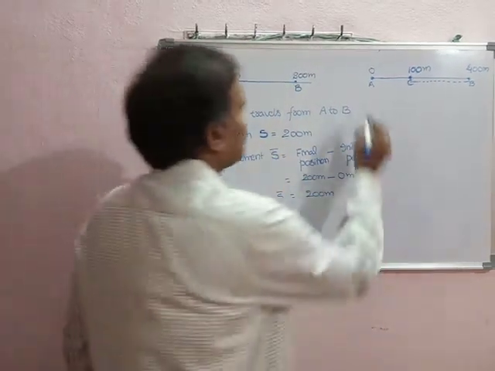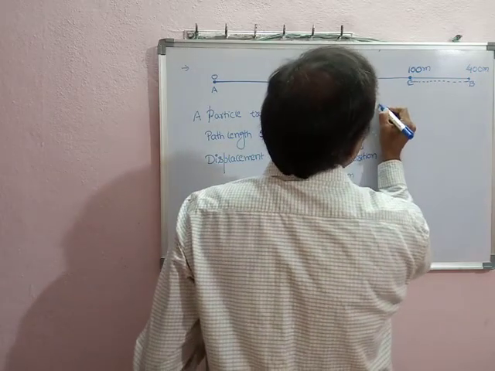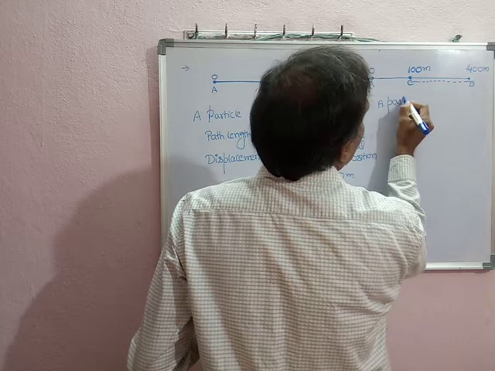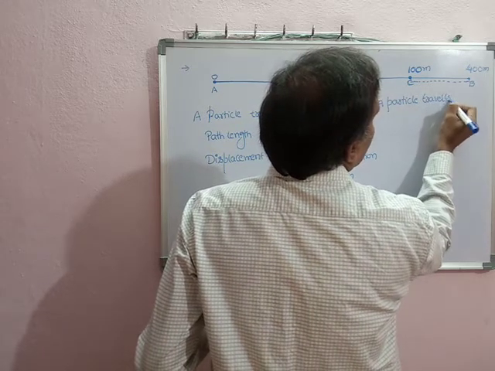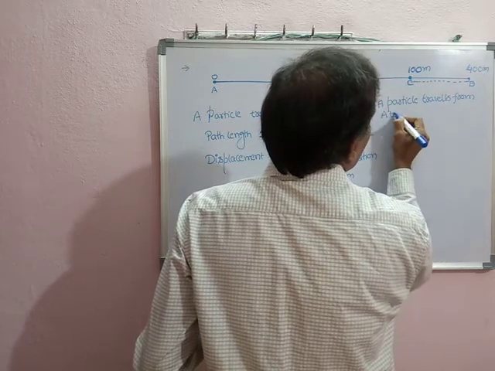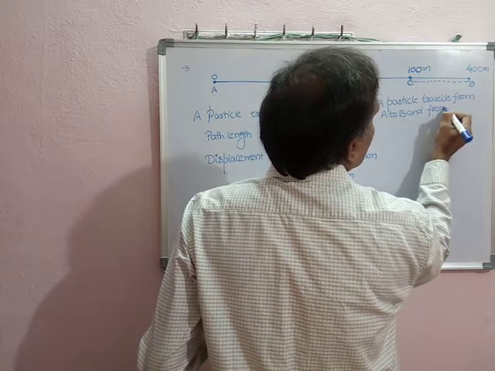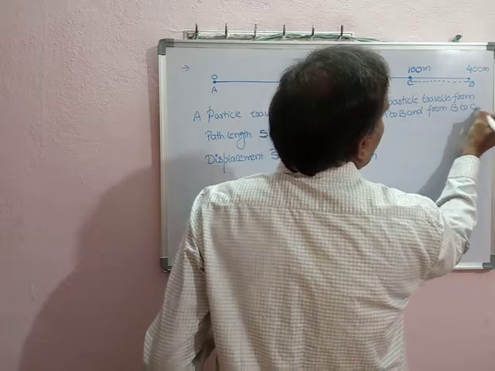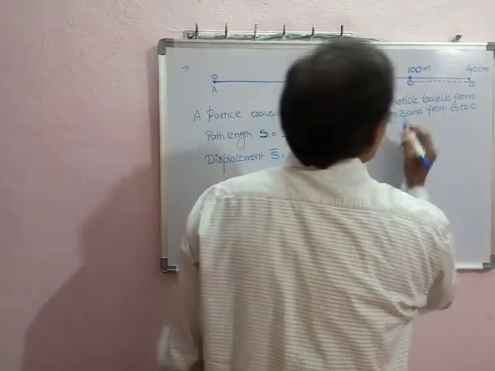Now a particle travels from A to B and from B to C. Now you tell me, what is the path length traveled by the particle?